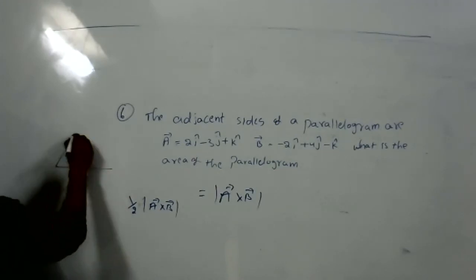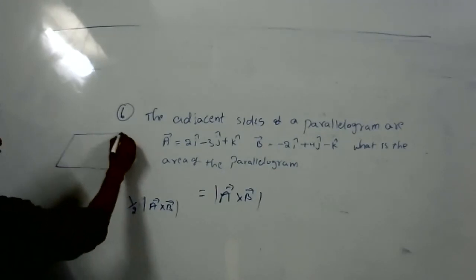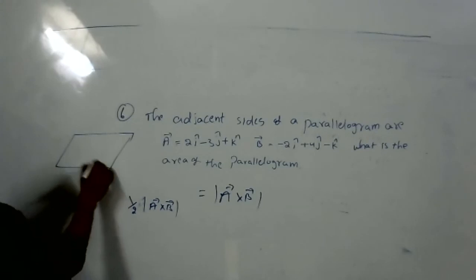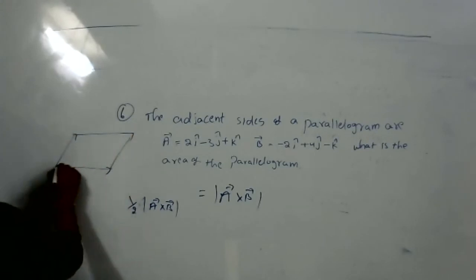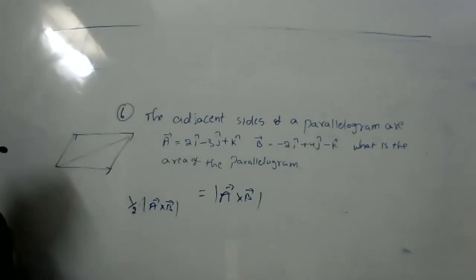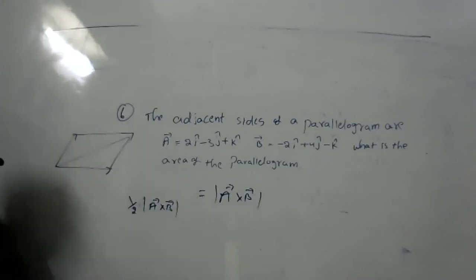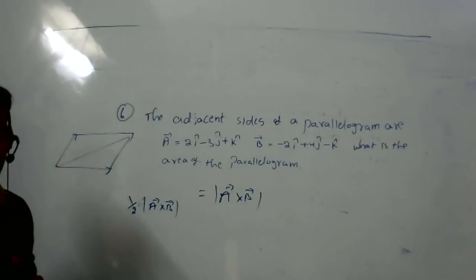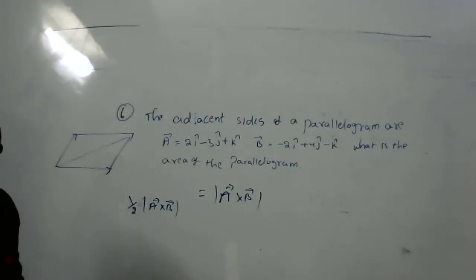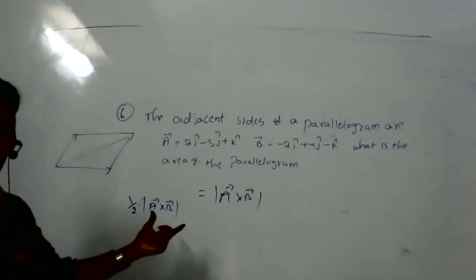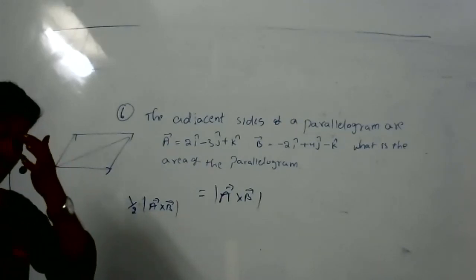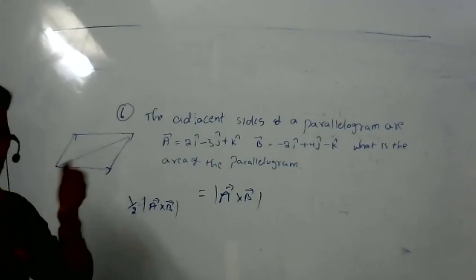If it is a parallelogram, the diagonal basically divides it into triangles. So will we get root 5? Yes, root 5 we will get.